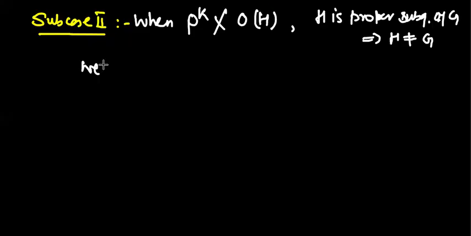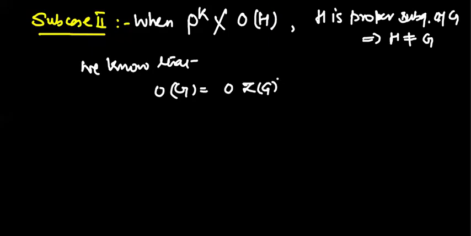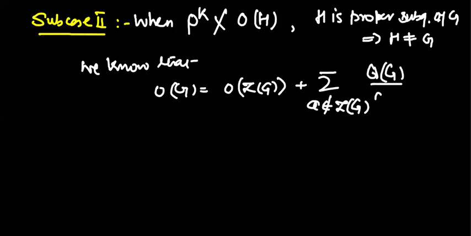We know that the order of G is equal to the order of Z(G), the center of G, plus the summation over a not belonging to Z(G) of the order of G divided by the order of the normalizer of a.